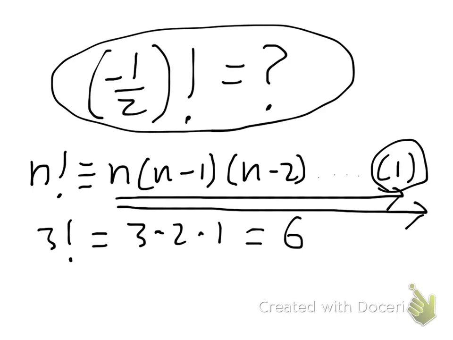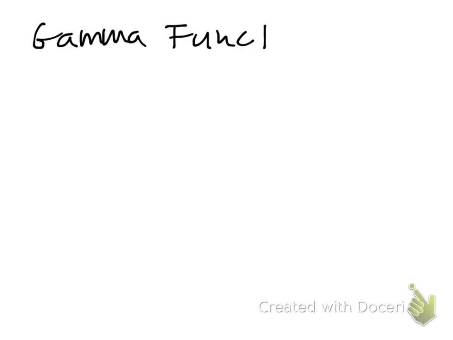So to start off, we're going to introduce something that will actually generalize the factorial function for all real numbers, so not just integers. And that function is called the gamma function. And it is defined like so.